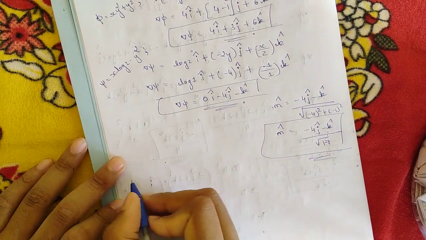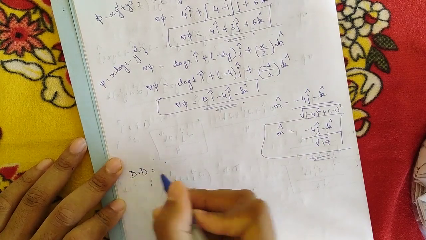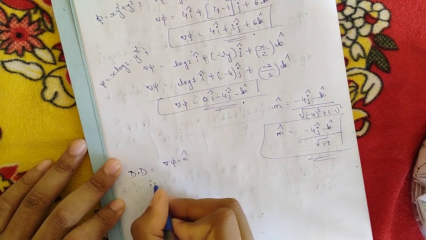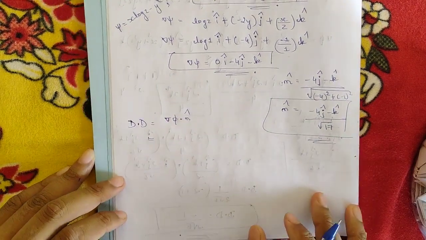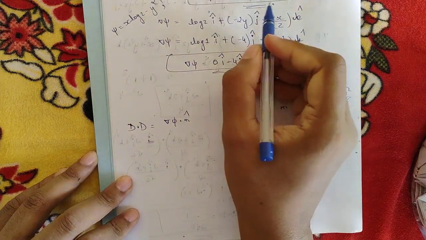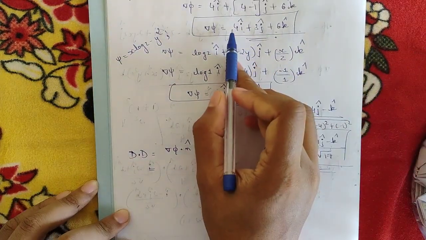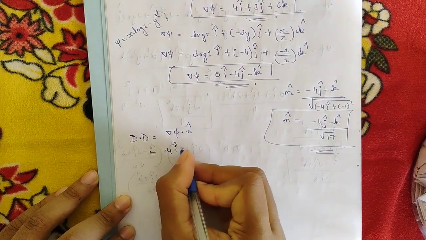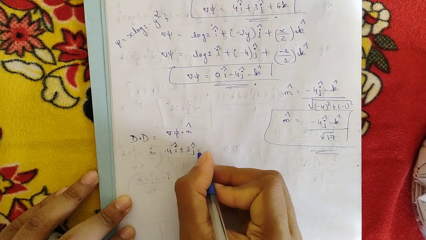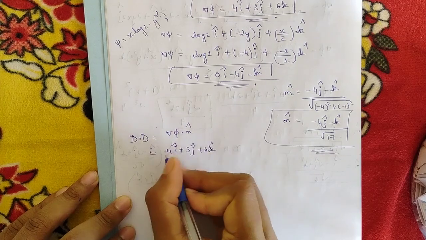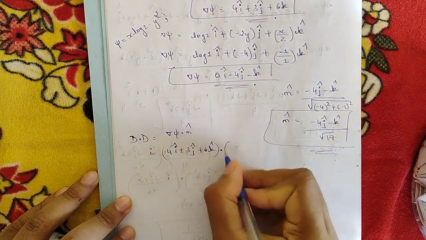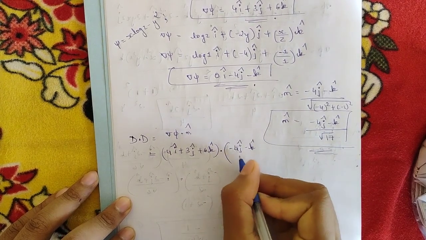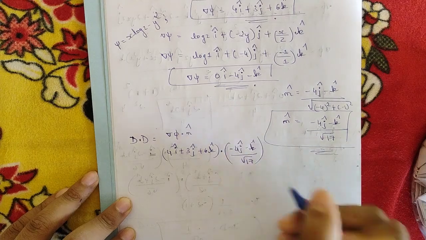Now finally the directional derivative del phi dot n cap is equal to del phi, we have got it as 4i cap plus 3j cap plus 6k cap, dot product with minus 4j cap minus k cap divided by root 17.